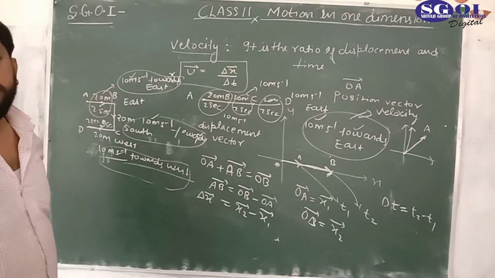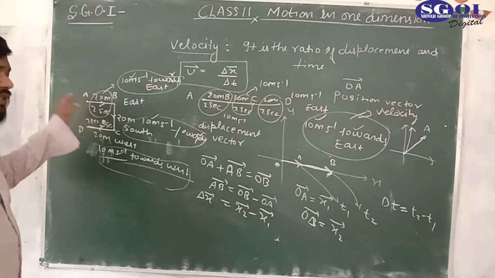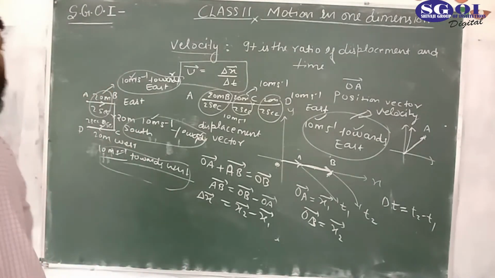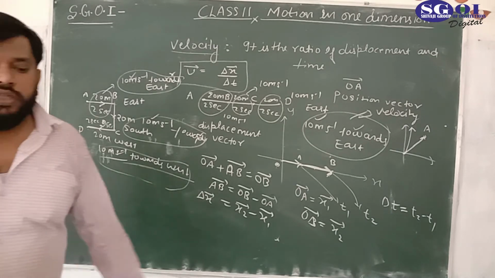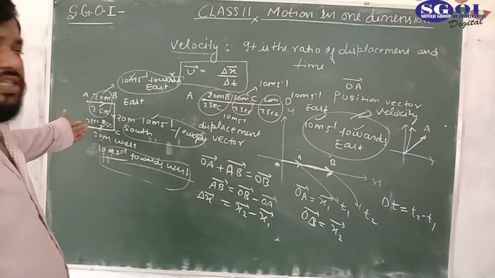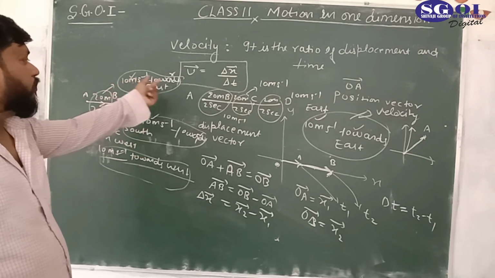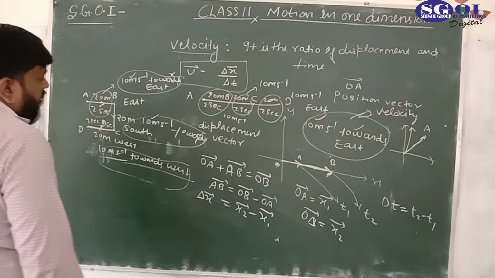So we cannot say that the object is moving with uniform velocity. We can say the object velocity is changing with respect to time. It could be changed due to the direction, it could be changed due to the magnitude also, it could be changed due to both. So I think you have cleared how velocity of the object can be changed.